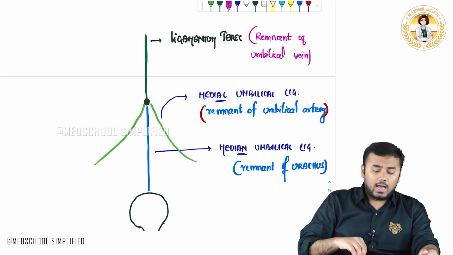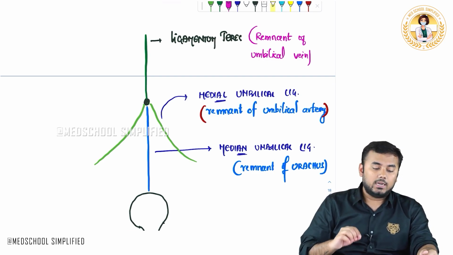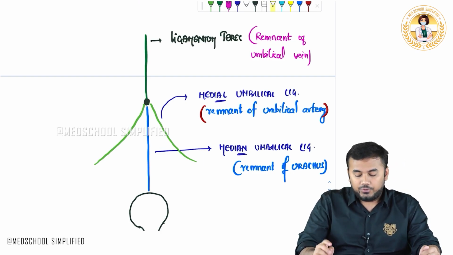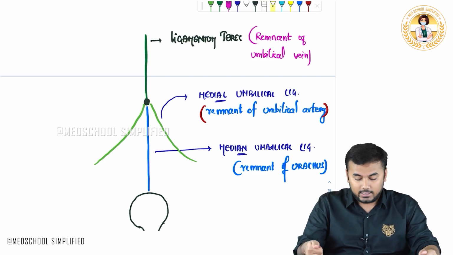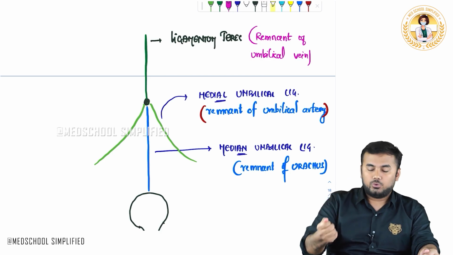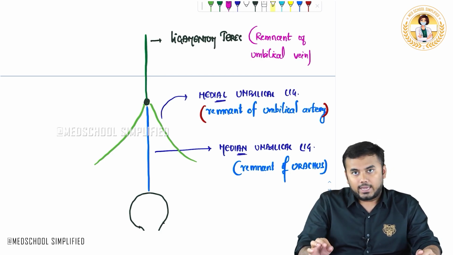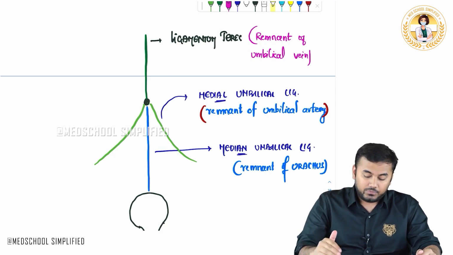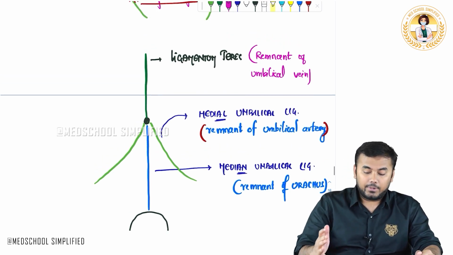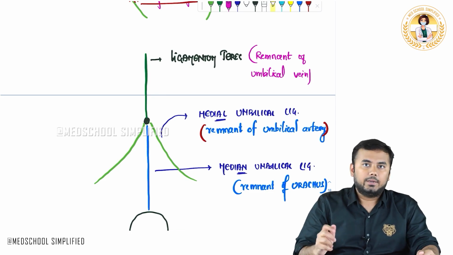So how many embryological remnants of the umbilicus are there here? 4. Right. The first one we discussed is the remnant of the urachus, which is the median umbilical ligament. Very, very important, guys. Each one can be an MCQ. The remnant of the urachus is your median umbilical ligament. The remnant of the umbilical artery is your medial umbilical ligament. And the remnant of the umbilical vein is your ligamentum teres.